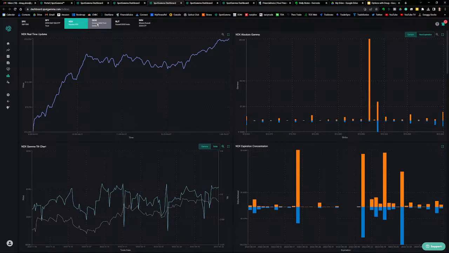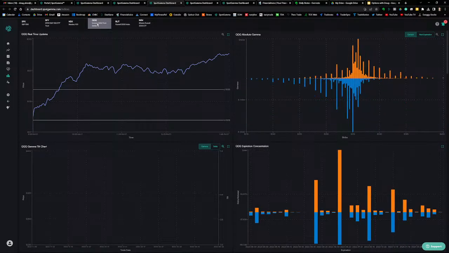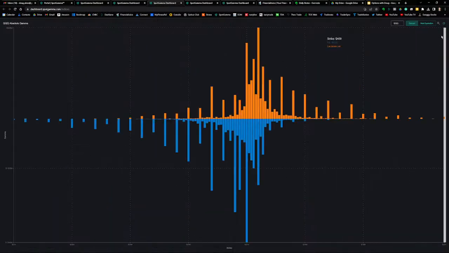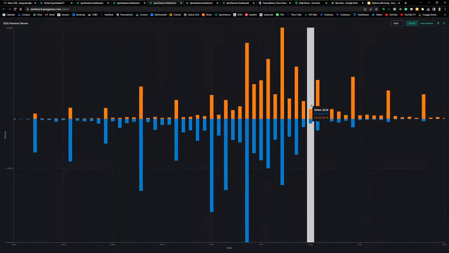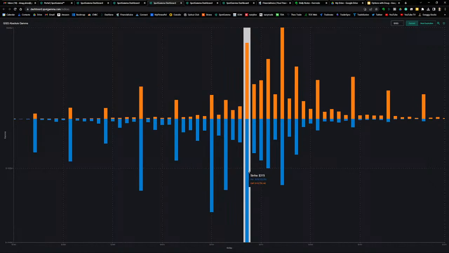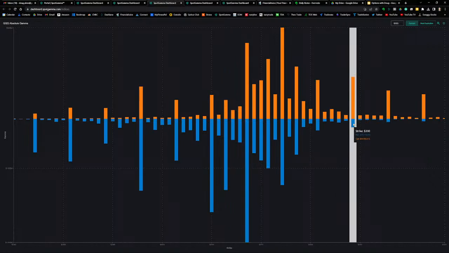And then for QQQ. There's the 315 strike. That is the key gamma strike. That's pretty obvious. Strike with the largest absolute gamma. And then the call wall remains at 330.